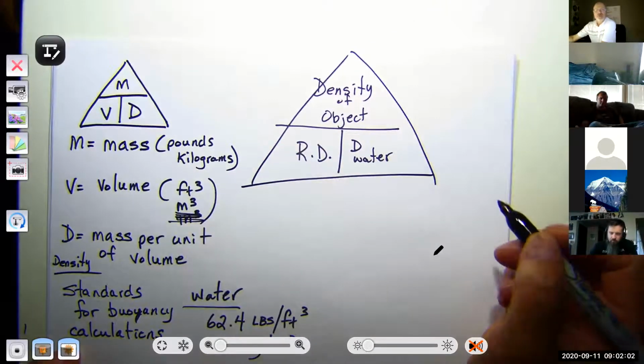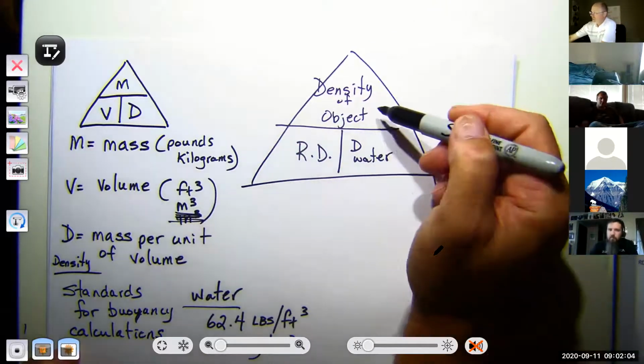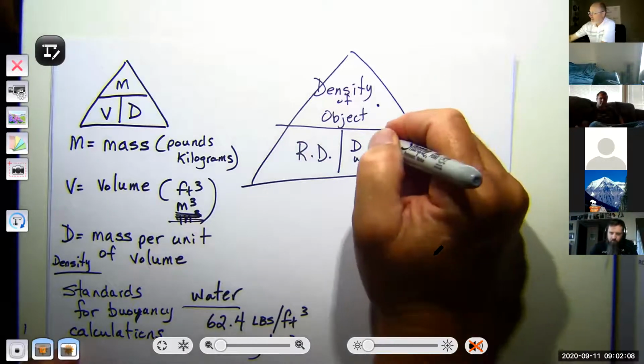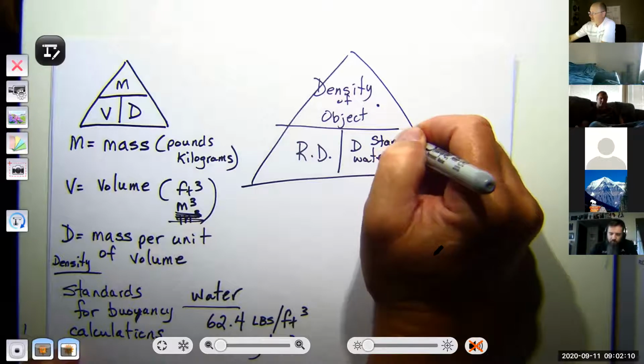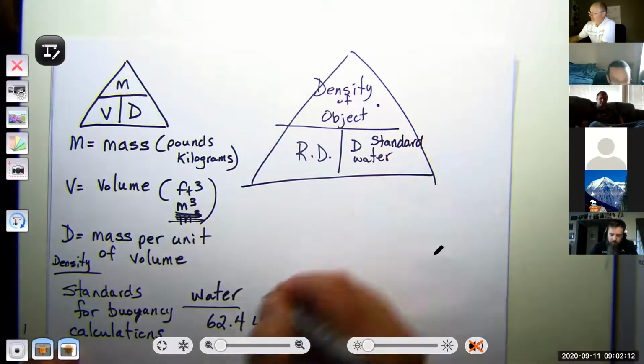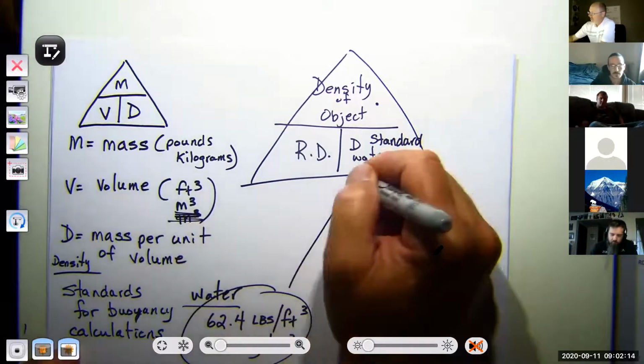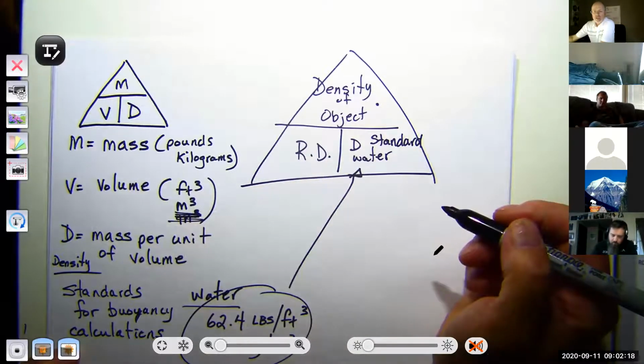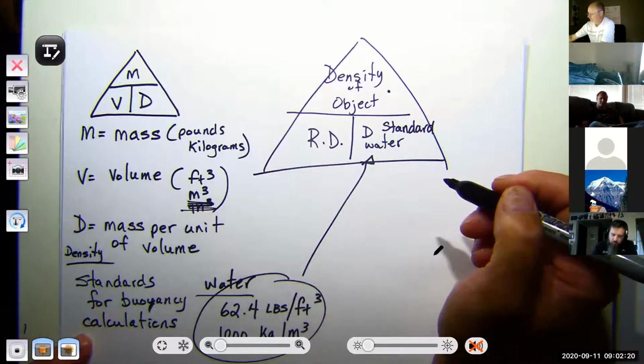So that's another formula triangle. When we take the density of the object divided by the density of water, and these are the standards right here, these numbers that go there, that will give us the relative density.